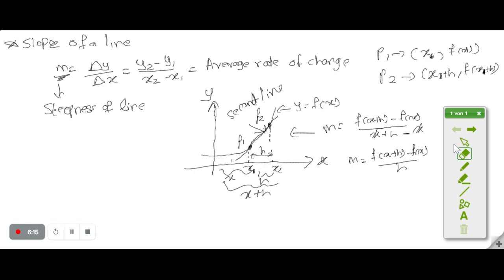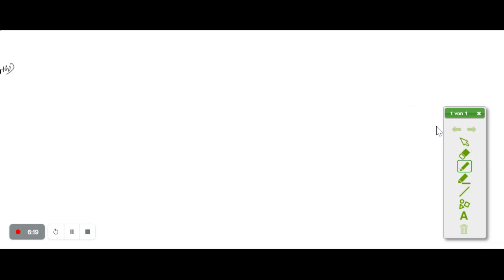To do that, I'm going to carry this forward. I'm going to create a new slide and draw that function again. I'm really sorry, I have to rub this up.